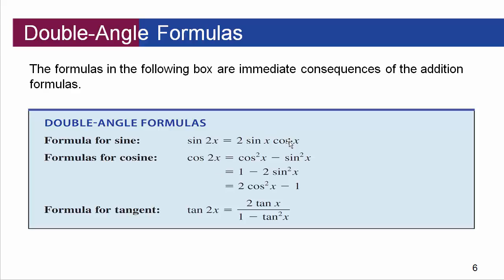Now, sine only has one version. Cosine has multiple versions, but what's happened again is these two are just manipulations of this using the good old Pythagorean identity and doing some substitution. So it really depends on, do you want to take this function and turn it into something in terms of a cosine and a sine squared, or do you want it all in terms of sine and all in terms of cosine?